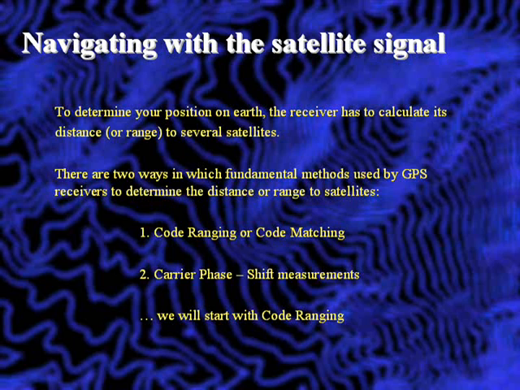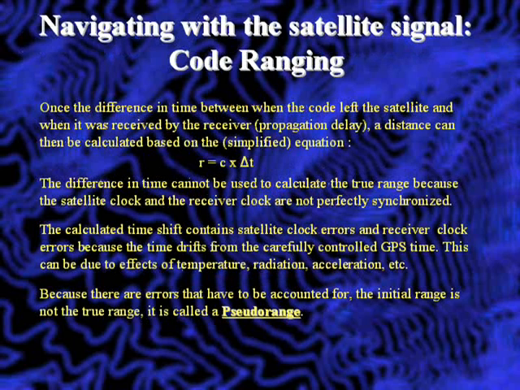So first we'll take a look at code ranging. So the code ranging basic equation, and please, this is a very basic equation. You have more detailed information in, for example, GPS satellite surveying by Alfred Leick.